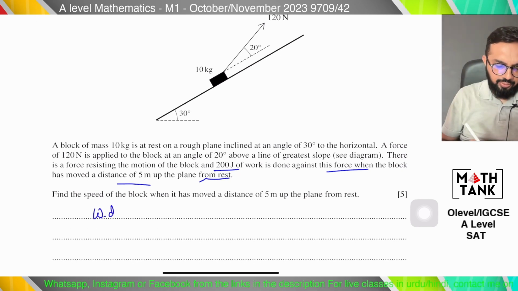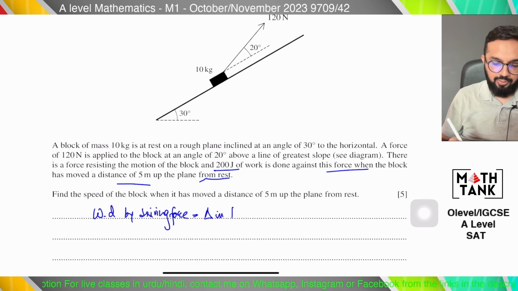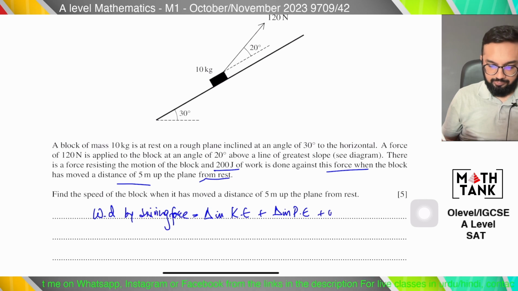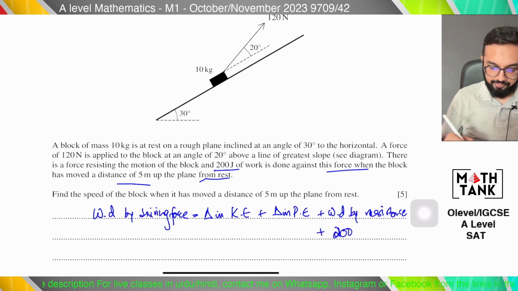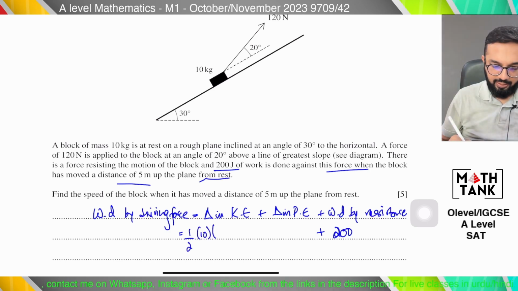So I'm going to use the work energy principle: work done by driving force. The work done by resistance is 200. And I want to calculate the speed. Half m v squared is the unknown.